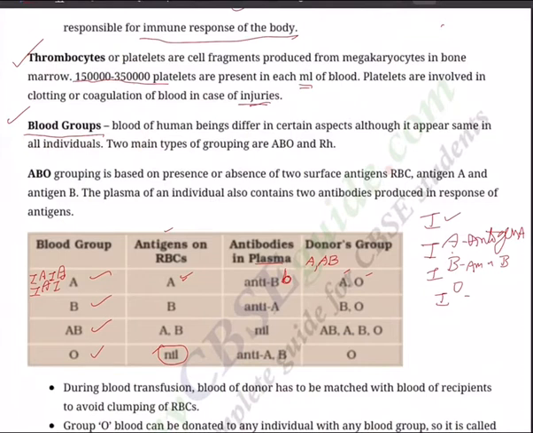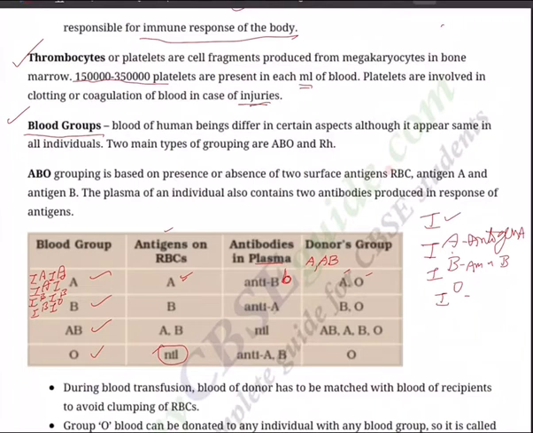What about the next group? Blood group B. How is this formed? The genotype has to be IB or I0. This is the genetic combination. If these allelic forms are there in a human being, then the blood group will automatically be B group.